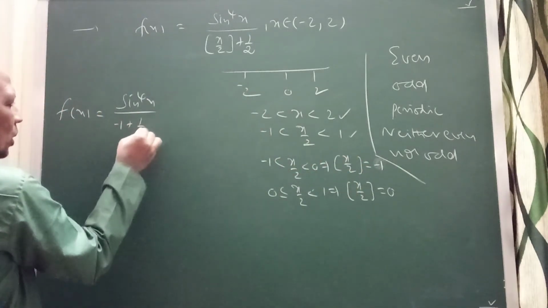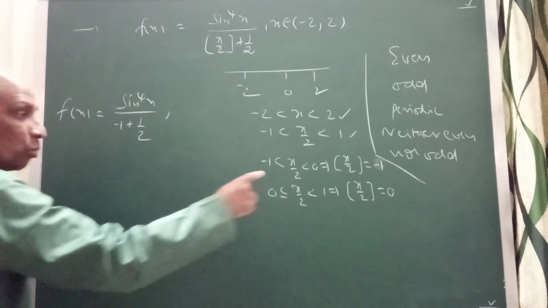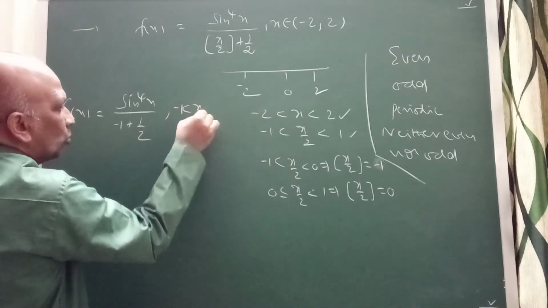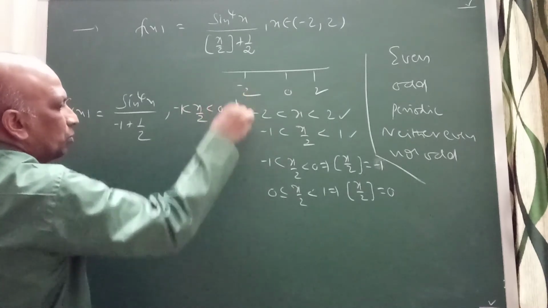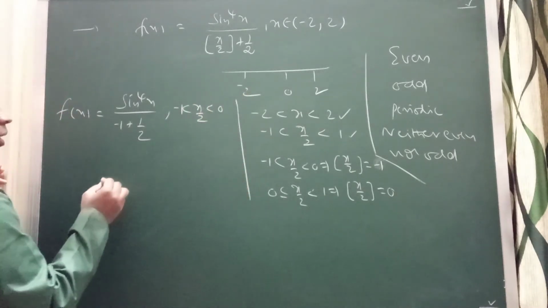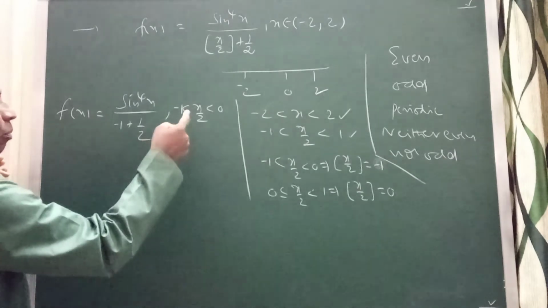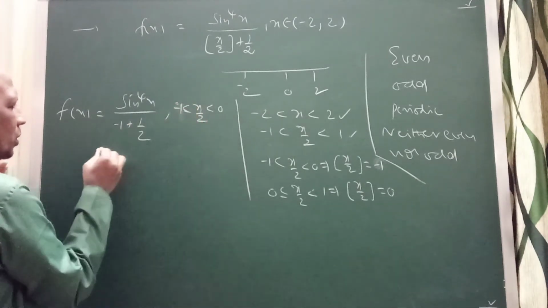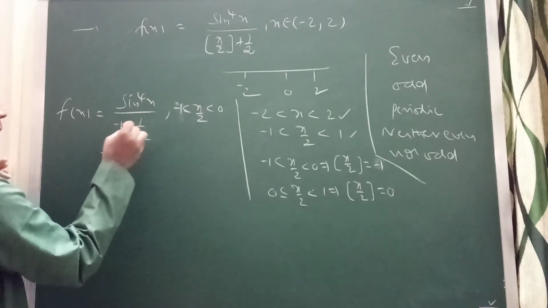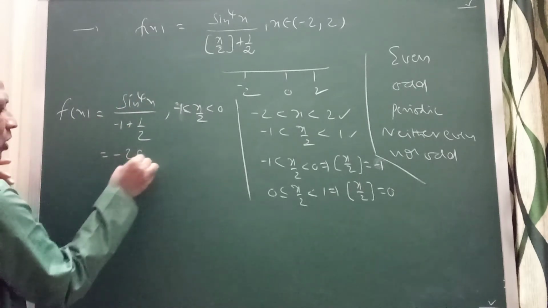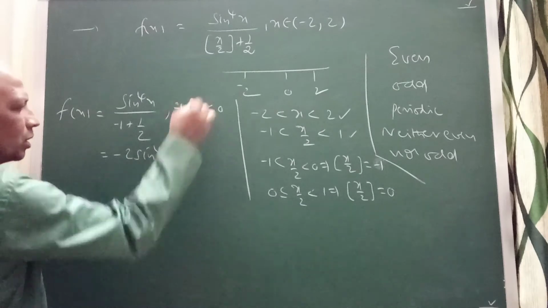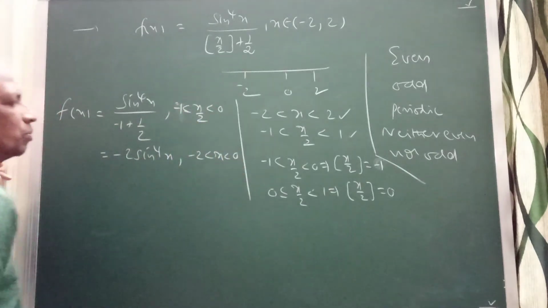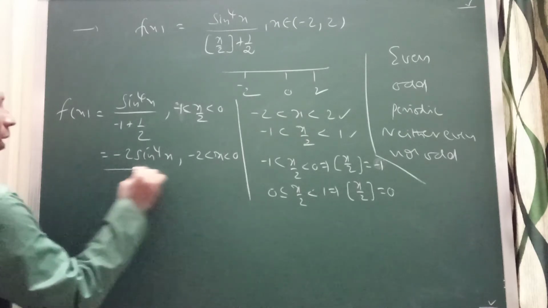So minus 1 plus 1 by 2, when x by 2 lies between these two, I can write minus 1 less than x by 2 less than 0. Correct? So you will get minus 1 plus 1 by 2, minus 1 by 2, sin power 4x, with minus 2 less than x less than 0. In this case, you will get like this.